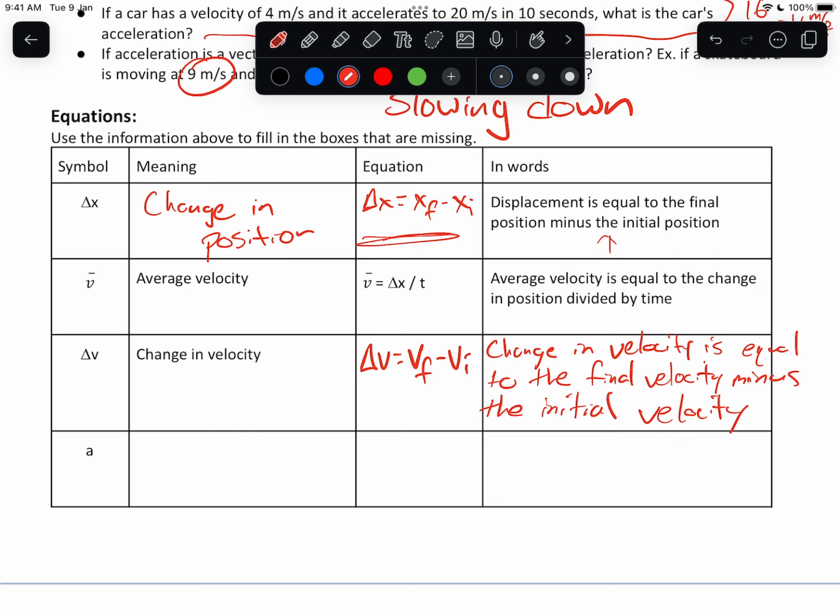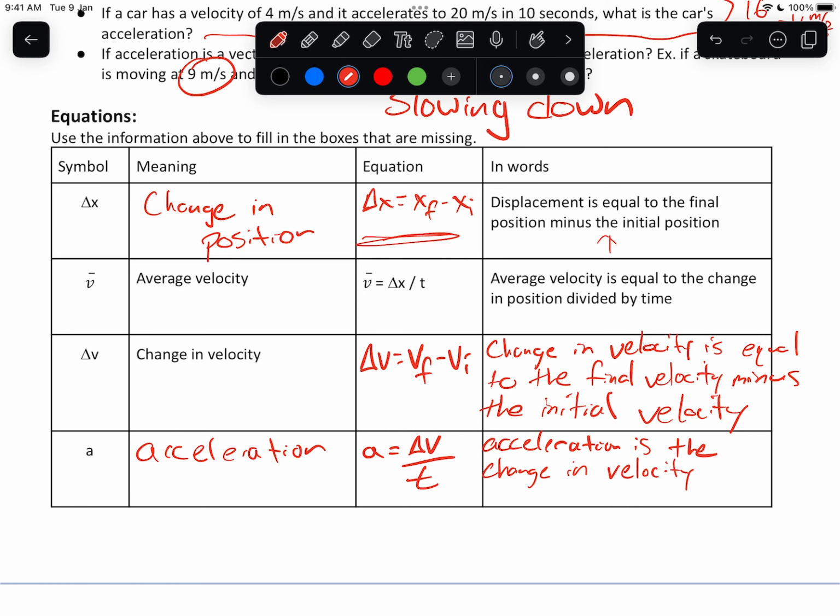We saw that A stands for acceleration. Acceleration, we saw our equation up there, is going to be a change in velocity divided by the time. Acceleration is the change in velocity divided by the time.